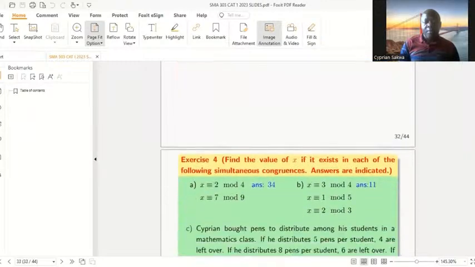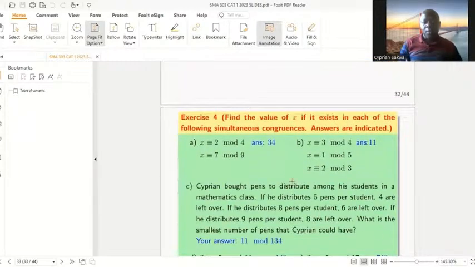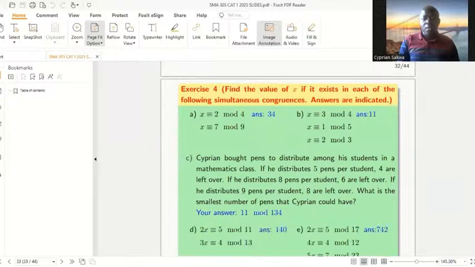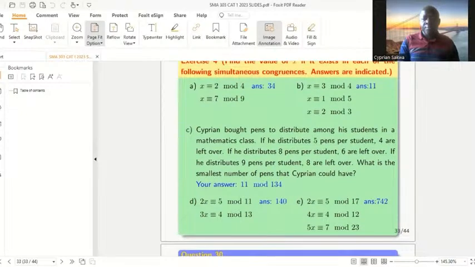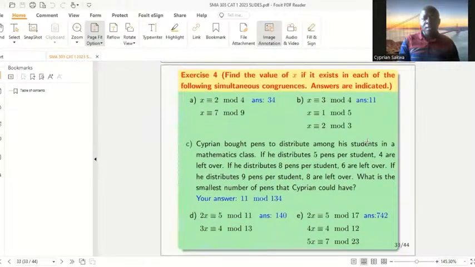This exercise also asks if you understand the concept of the Chinese remainder theorem properly. Then try this exercise. The answers are included.